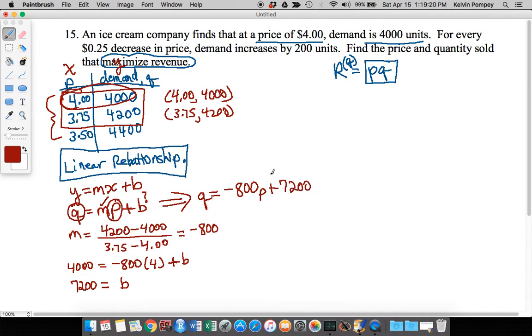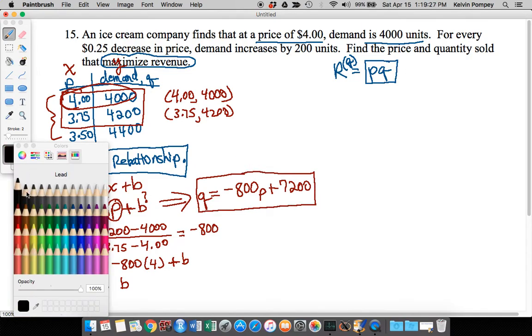All right, and this is what I'm going to use to help me rewrite my revenue function in terms of one variable. All right, and so since this is solved for Q, I'm going to replace the Q specifically in here with negative 800p plus 7200.